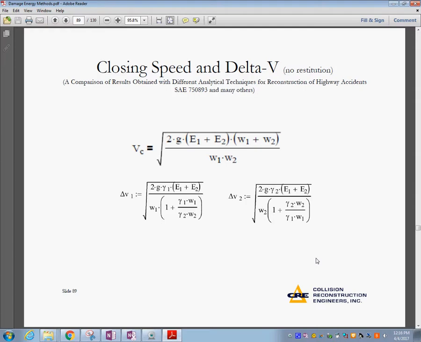Closing speed would be the speed at which the collision starts, and delta V would be the change of the original velocity after the collision.